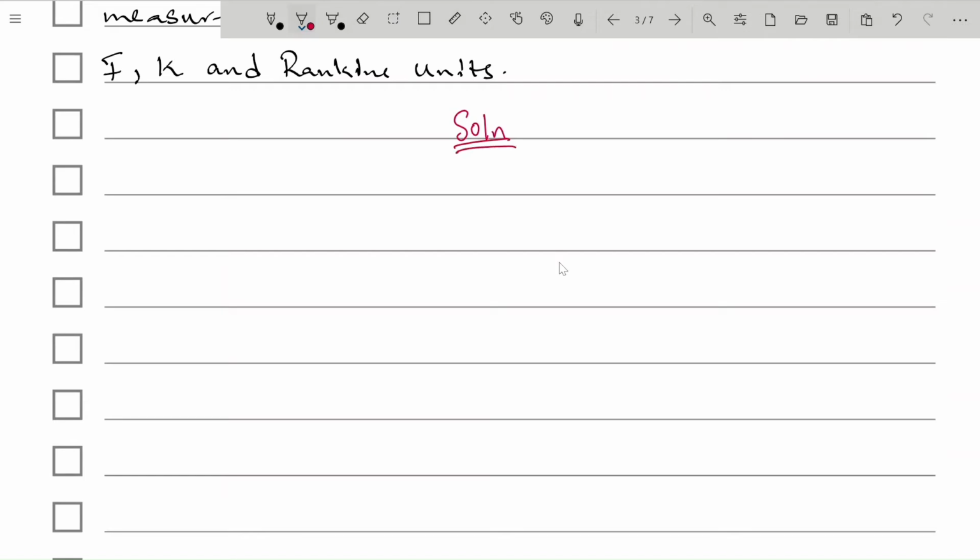To calculate this using equation 1, which is temperature in Kelvin is equal to temperature in degrees Celsius plus 273.15.